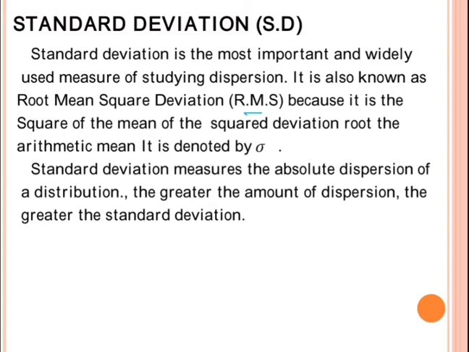It is denoted by sigma. Standard deviation measures the absolute dispersion of a distribution. The greater the amount of dispersion, the greater the standard deviation. So this is the short definition of standard deviation and its use.